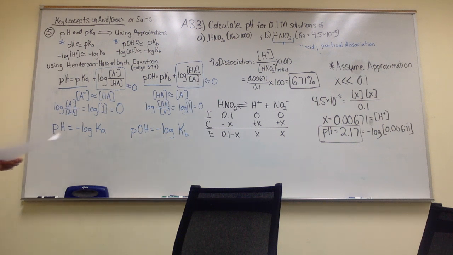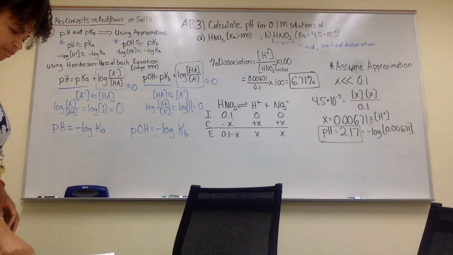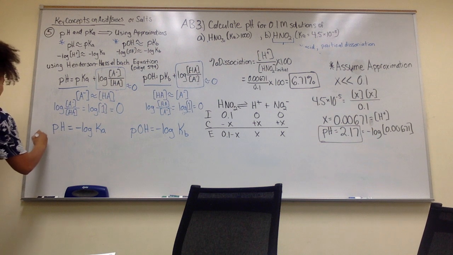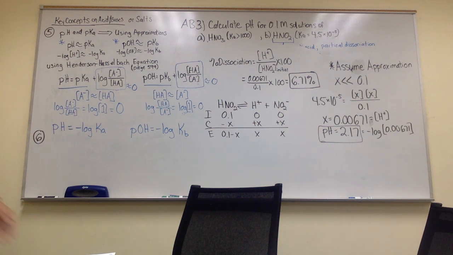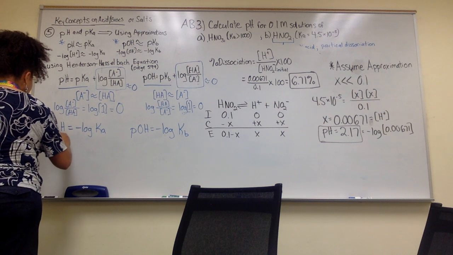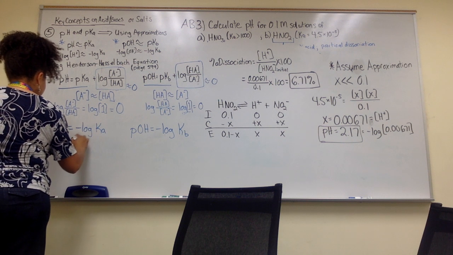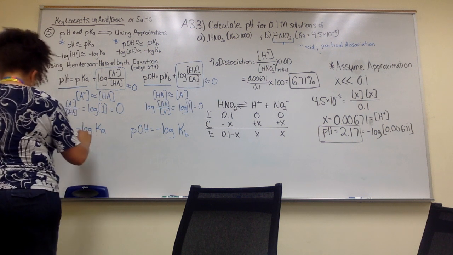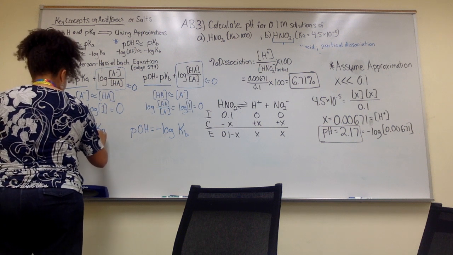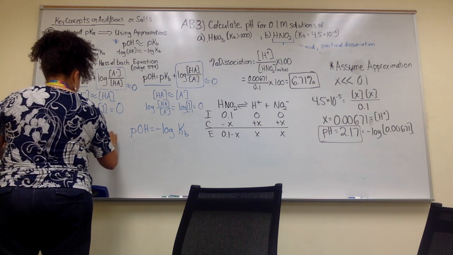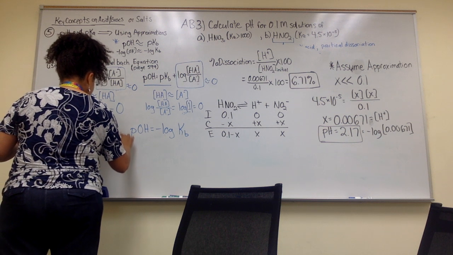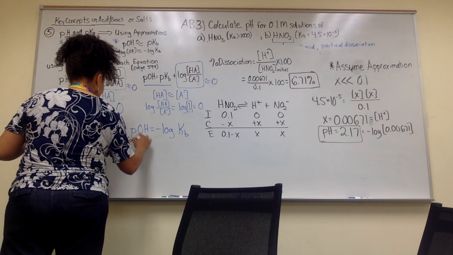Okay, so point number 6. So let me keep rolling over here. Point number 6 still relates to approximations. So we're making approximations to solve for x and verifying that the assumption is valid. So we're making assumptions to solve for x.